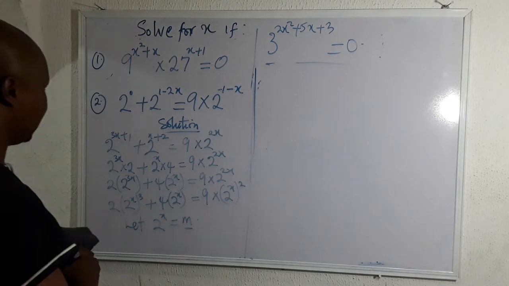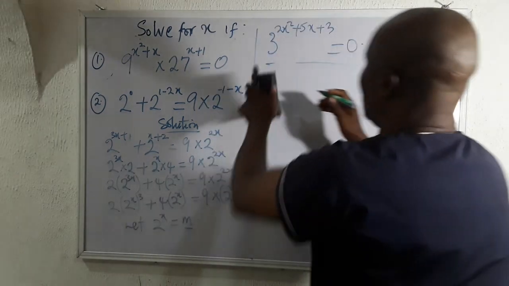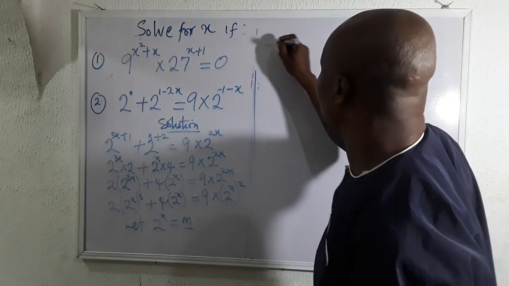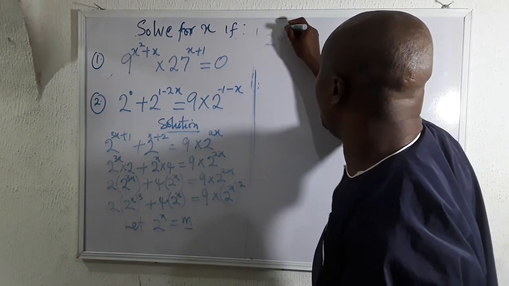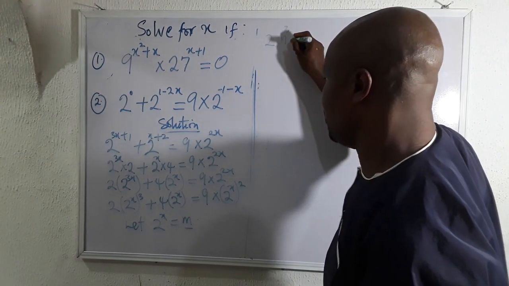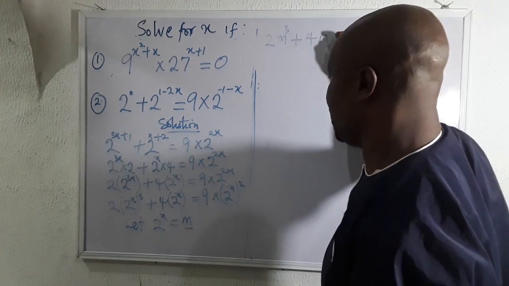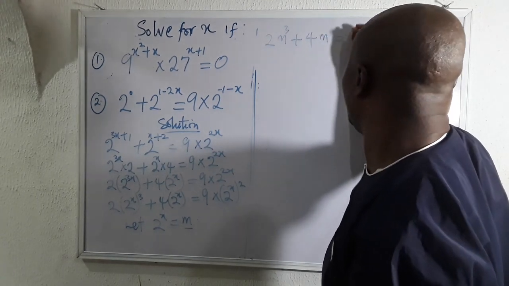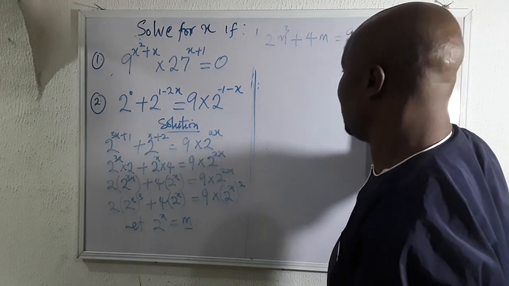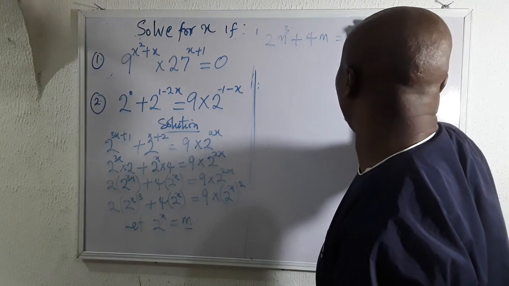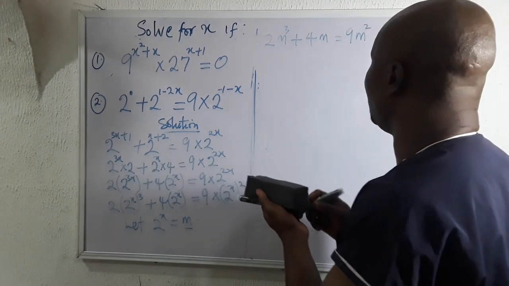That will give us 2m cubed plus 4m is equal to 9m squared.